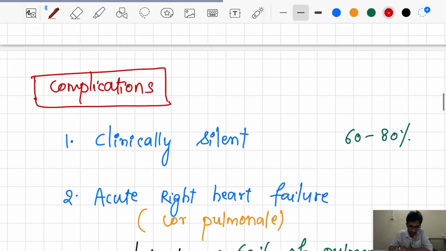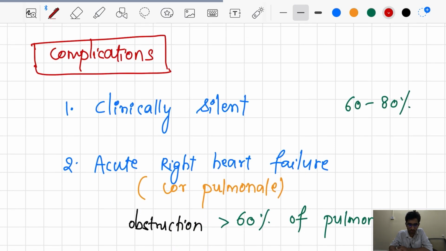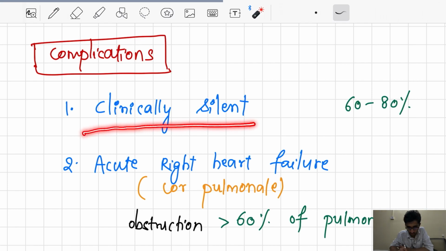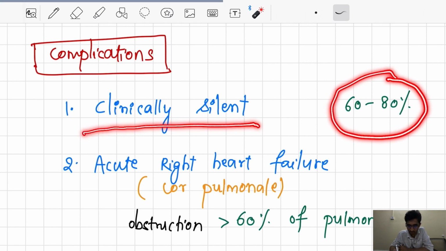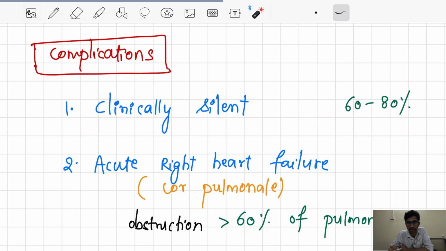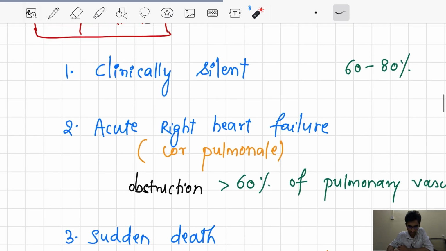Now we will look into the complications of pulmonary embolism. As we have seen, most of the emboli are clinically silent. Almost 60 to 80% of pulmonary emboli are clinically silent. They are resolved by the body by fibrinolytic activity.